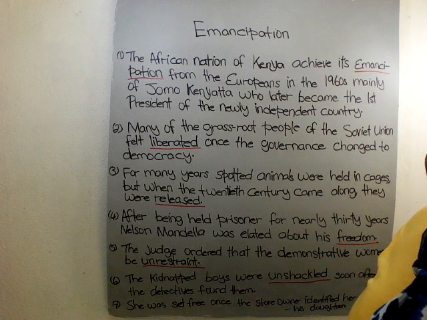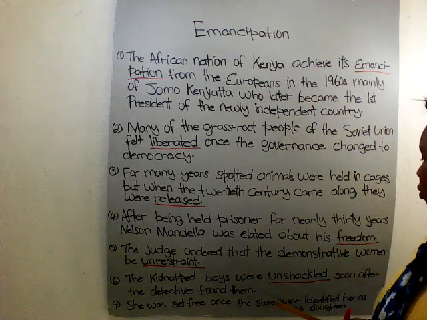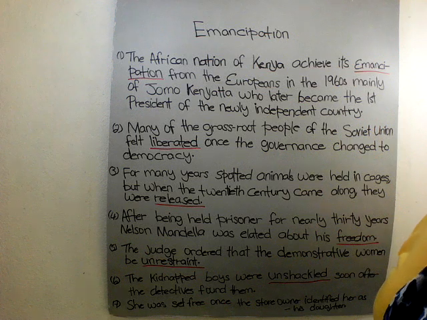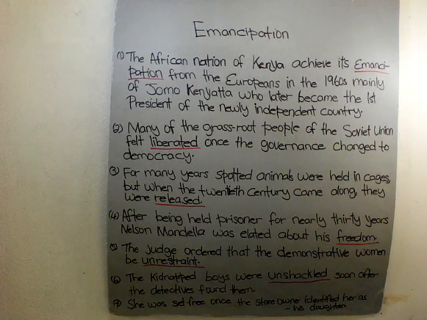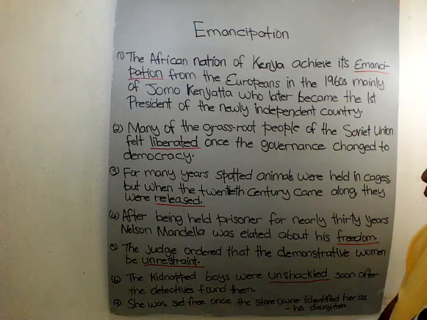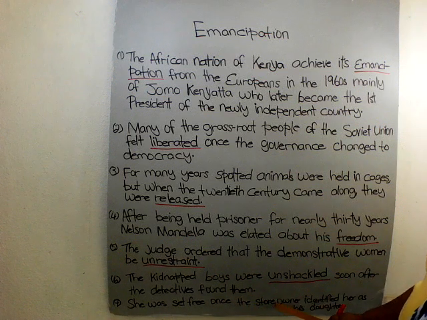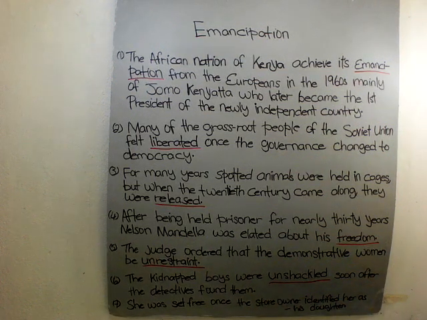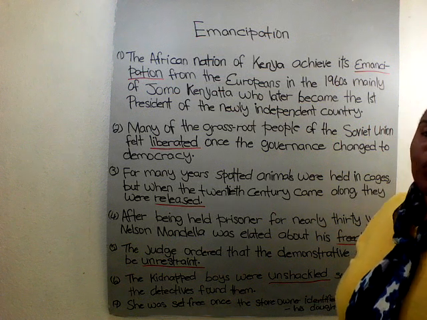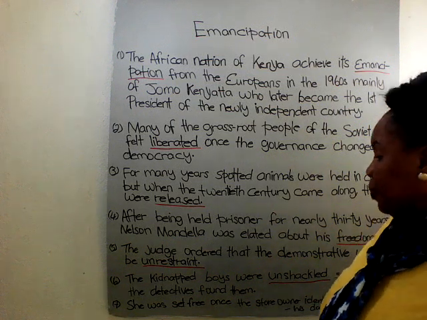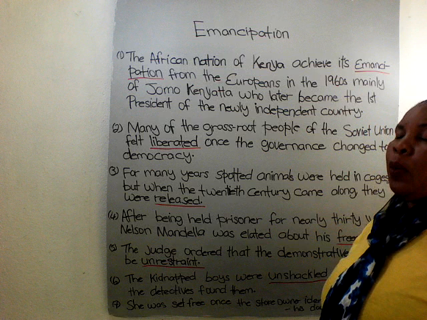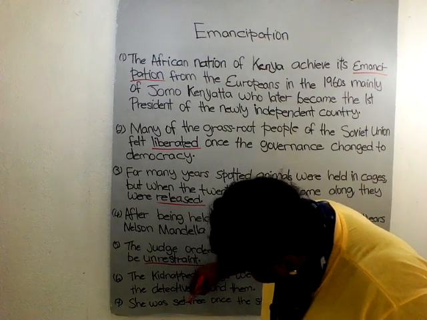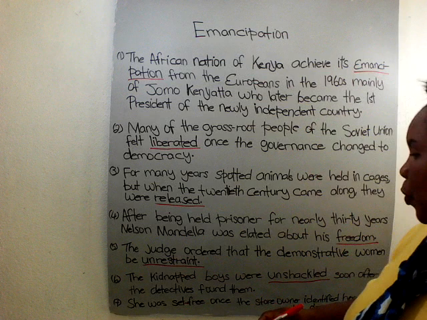She was set free once the store owner identified her as his daughter. So if you have chosen the word set free, which I should have put with a hyphen, as one, because it's two compound words, right?